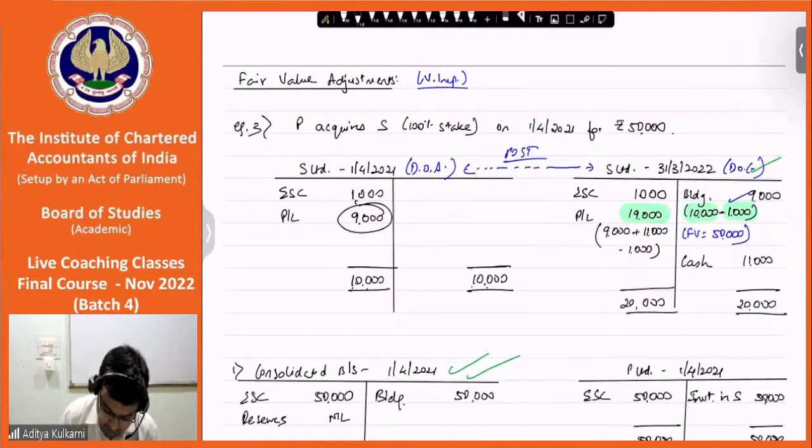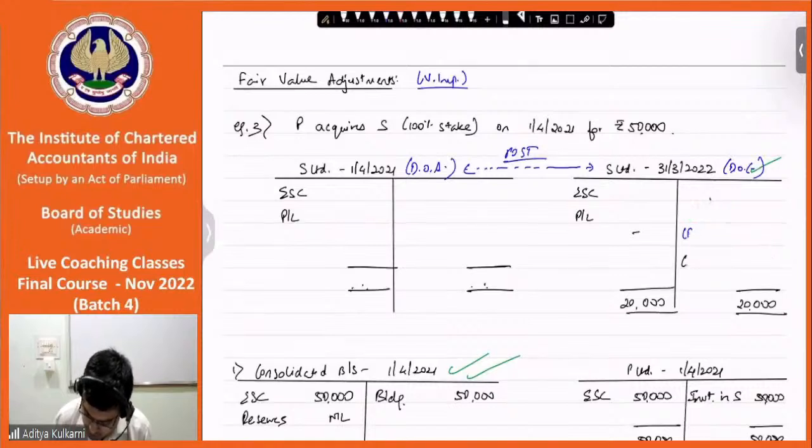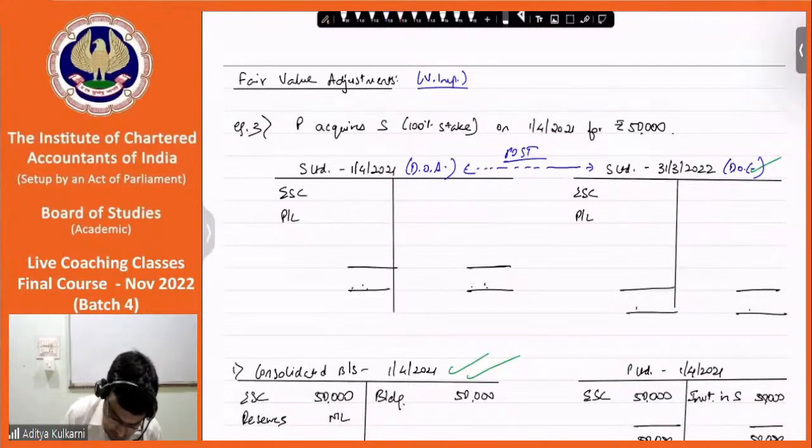Now, in the third case, let me remove all of them. In the third case, I am having equity share capital of say 10,000, P&L balance of 90,000.